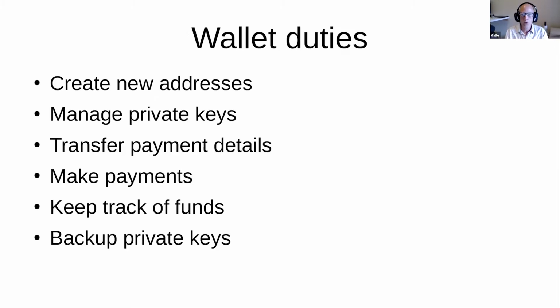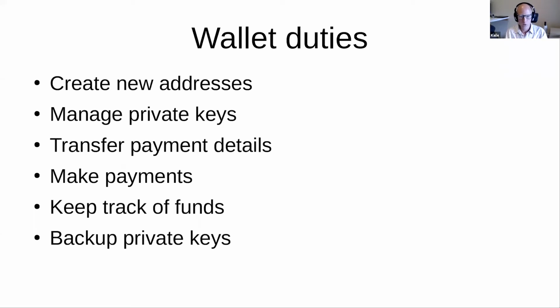So typical duties of a wallet are to create new addresses and manage the corresponding private keys, and transfer payment details between wallets. So if I want to receive money from John, my wallet should be able to display my address to John in a good way.